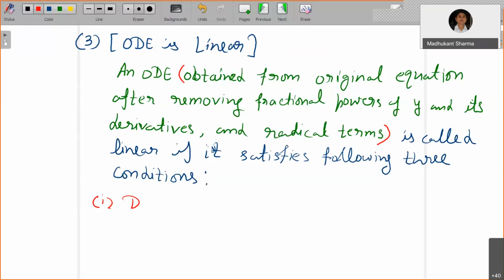Degree of all y and its derivatives, or let me write it in other words: y and its derivatives are of degree 1.